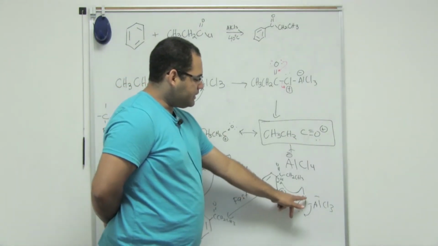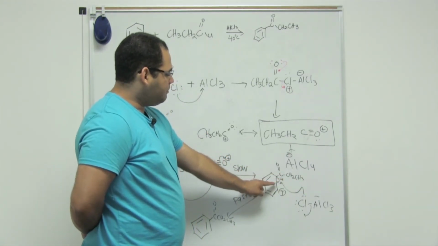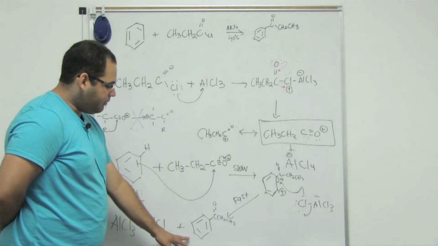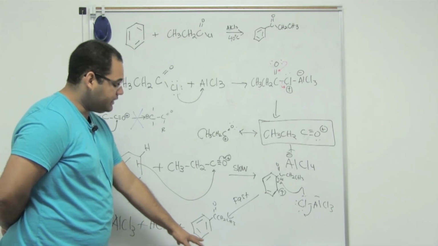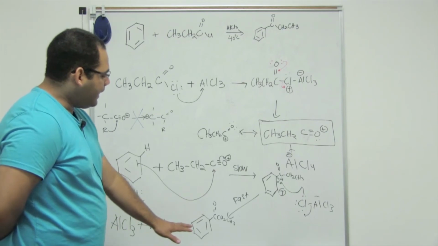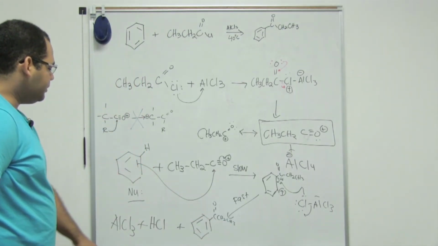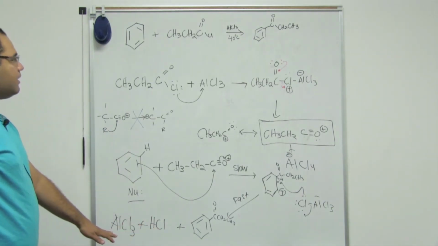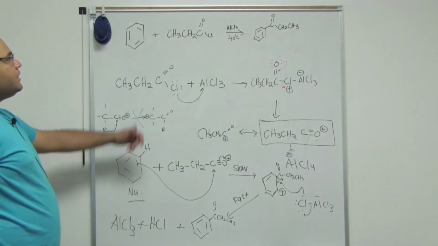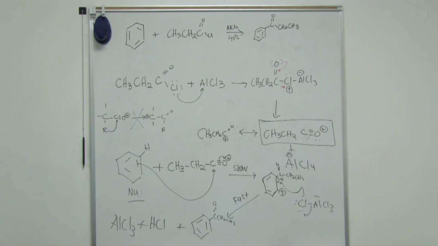So what happens is that some sort of molecule comes and works as a base, grabbing the hydrogen, pulling back my double bond, and restoring the aromaticity, which ends up in a product that is more stable, has less energy, and we have the addition of our acyl group there, plus HCl, plus our catalyst. So this is the overall reaction, and this is the mechanism for this particular chemistry.